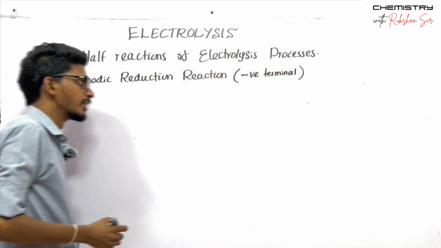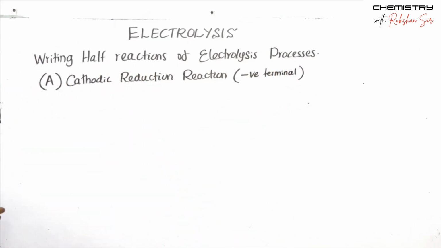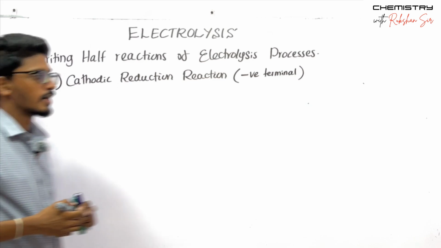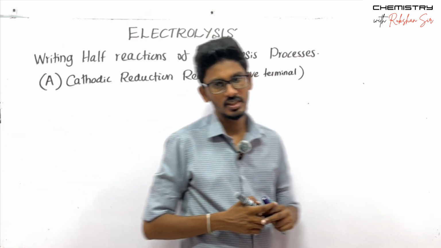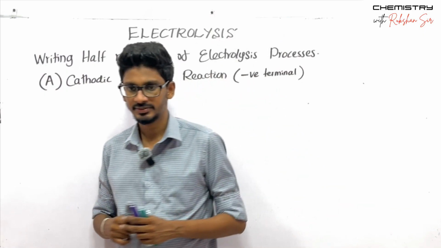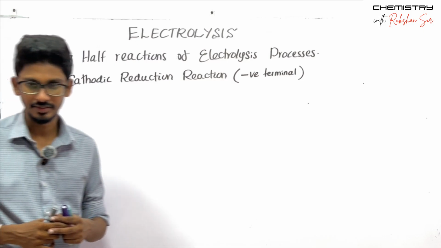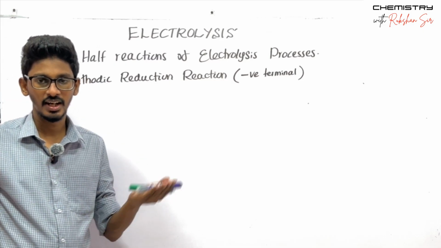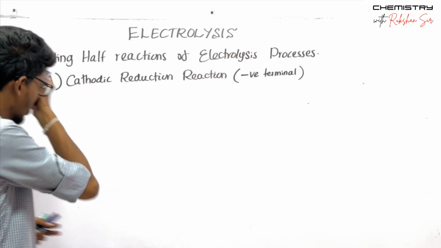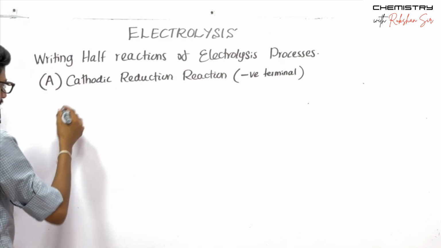So towards the negative terminal, positive particles will attract. So positive ions, cations, will get attracted towards the cathode. Those are species coming towards cathode.